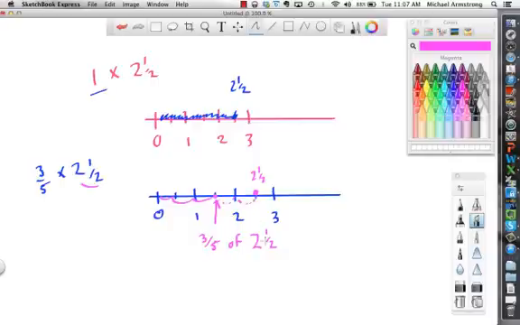So we have 3 out of 5 of 2 1/2, and that puts us at this point, which is 1 1/2. And this is really neat because you can see this easily, that 3/5 times 2 1/2 equals 1 1/2. Okay, so that works really good.